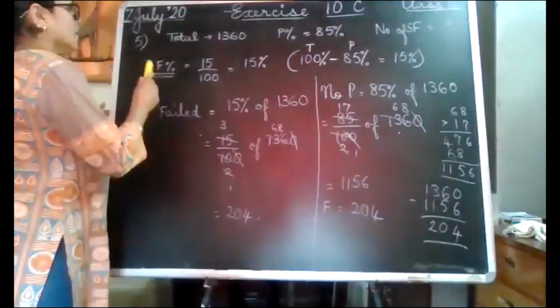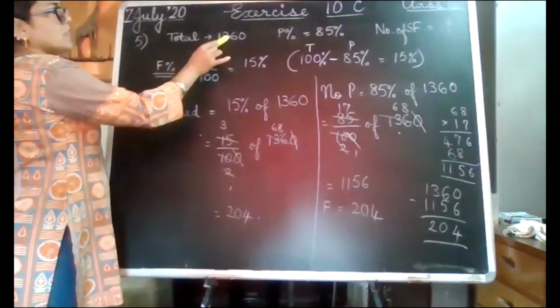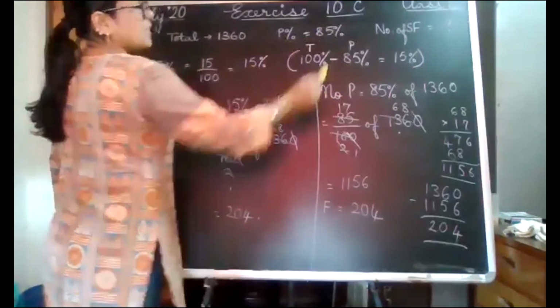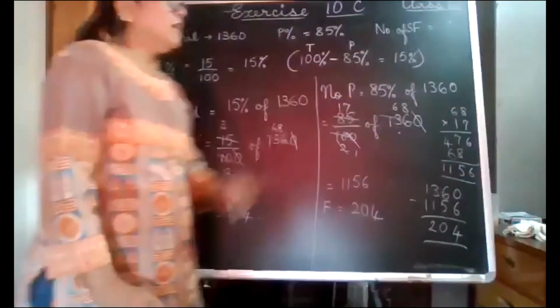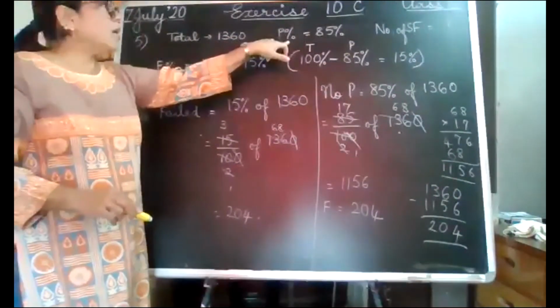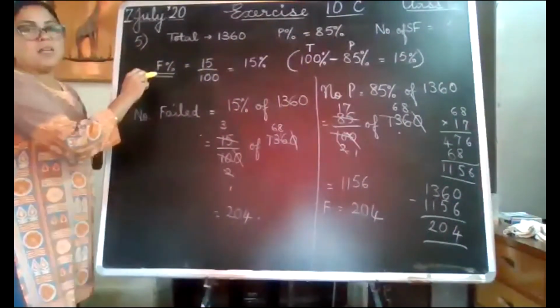So first of all, the information given in the question: total 1360 students and the passed percentage is given, 85%. And what are we to find out? The number of students who failed. Now, if we know the passed percentage, with the help of this passed percentage, very easily we can find out the failed percentage.